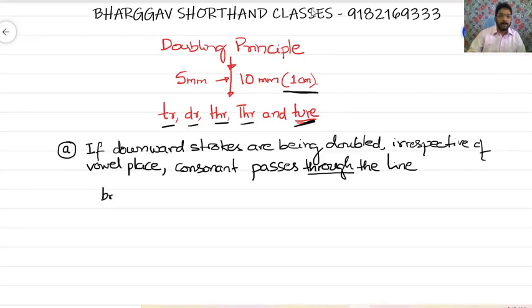Broader, bur doubled, though it is first place like dash, bur is doubled, it takes 1 centimeter, so it passes through the line. Only downstrokes, right?